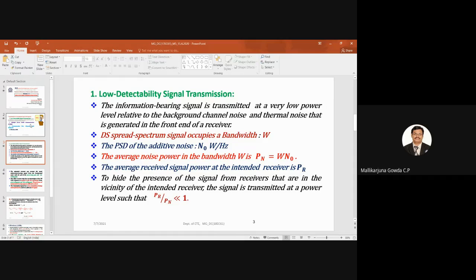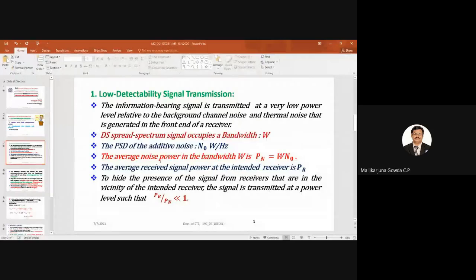We know that the direct sequence spread spectrum signal occupies a bandwidth of W hertz. Then the power spectral density of the additive noise is N naught, in watts per hertz. Don't think that it is watts by hertz; N naught is watts per hertz.